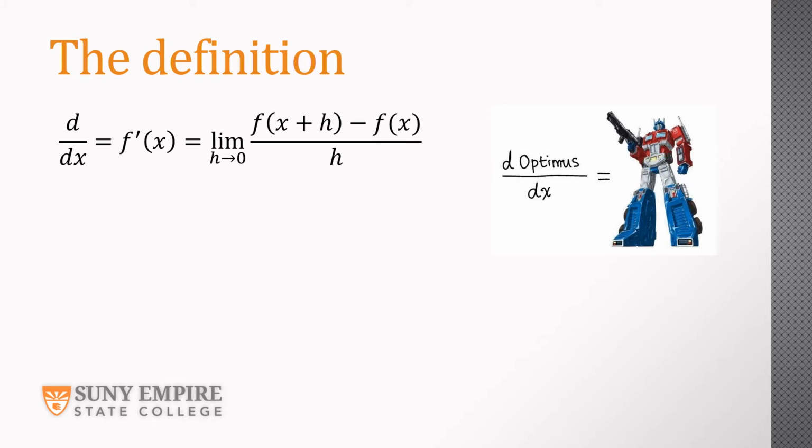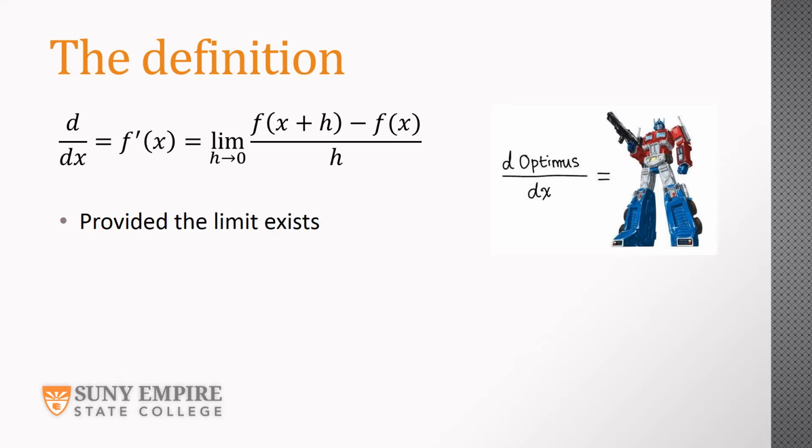To find the derivative, we subtract the function value for x from the function value for x plus some value h. We then divide this difference by the value h. The derivative is what remains after we take the limit as this difference in x values goes to 0, or the distance between them disappears.